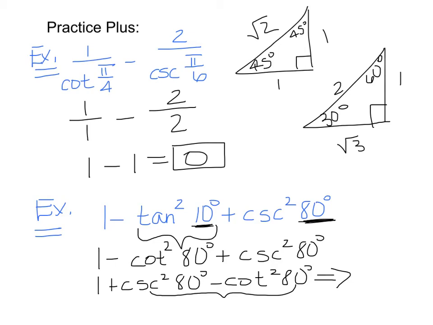Therefore, I have the 1 that was already there plus the 1 I got from the Pythagorean identity, and now my answer is 2. So, some of these problems, what we're doing is trying to simplify it so that we get values that we can easily cancel.